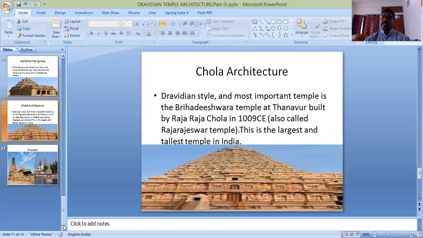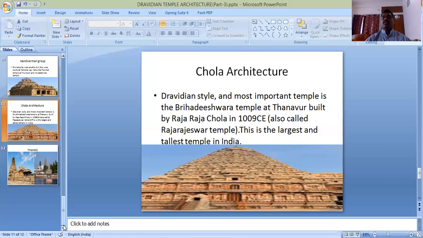So the Chola architecture is also South Indian temple architecture and Dravidian style architecture, and the most important temple is Brihadeeswara Temple at Thanjavur, built by Rajaraja Chola in 1009 CE. This is the largest and tallest temple in India.